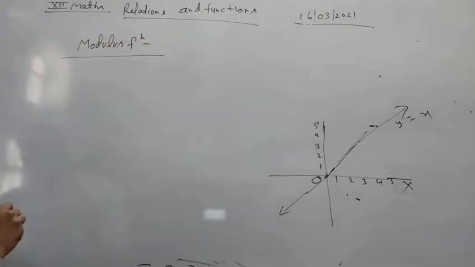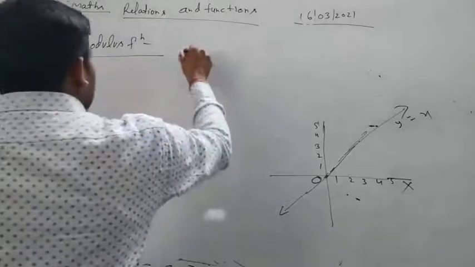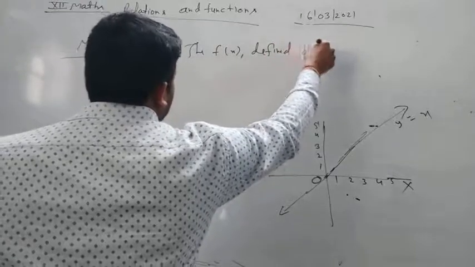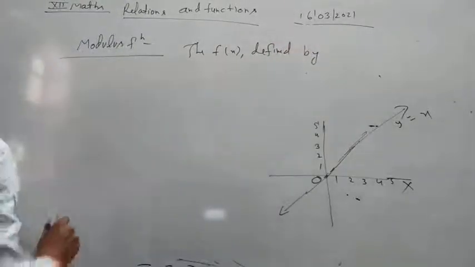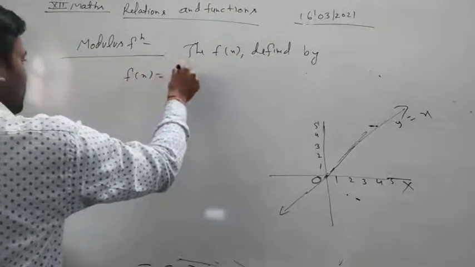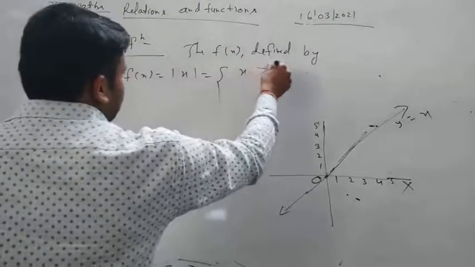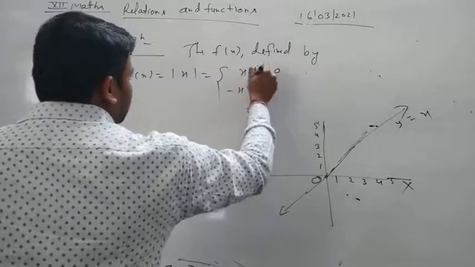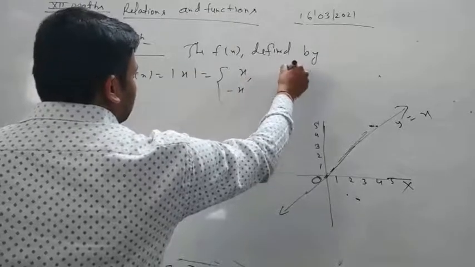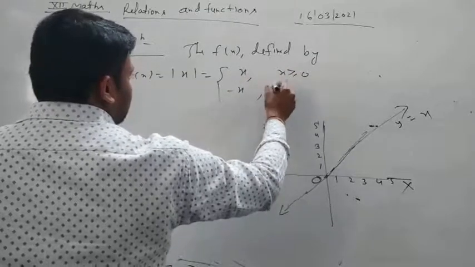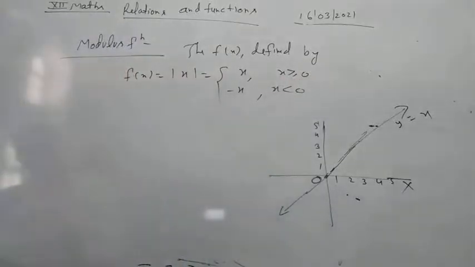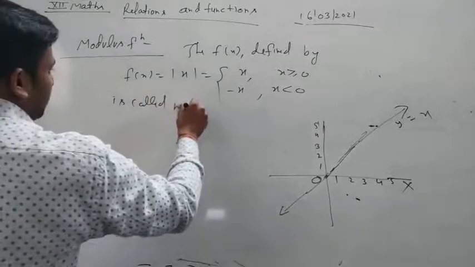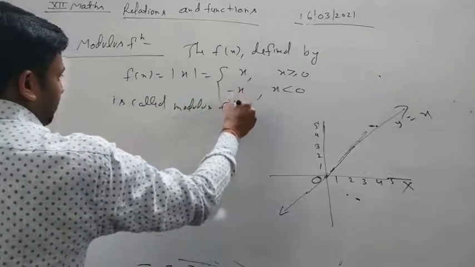The function f(x) defined by f(x) = |x|, that is x if x is greater than or equal to 0, and minus x if x is less than 0, is called the modulus function.